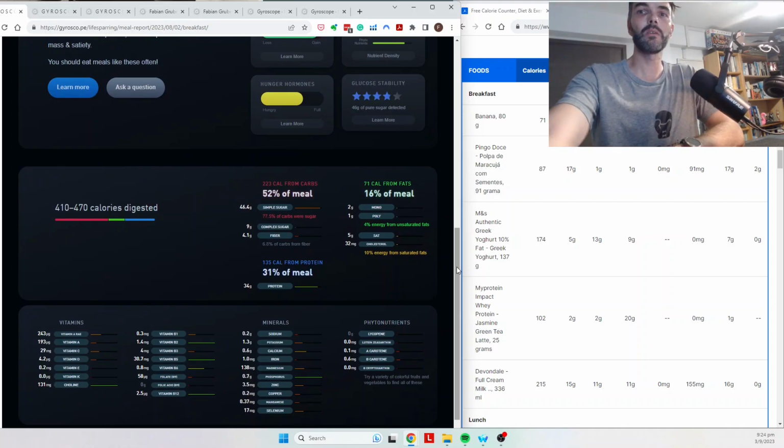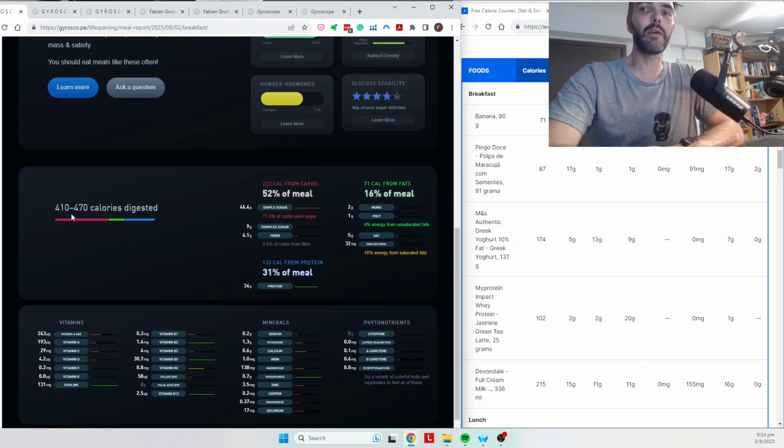However, the fat is actually quite significantly off. I had full fat milk, I had full fat yogurt. And here we are at 16% of fat. It should be more like 38%. And also the calories are quite off.